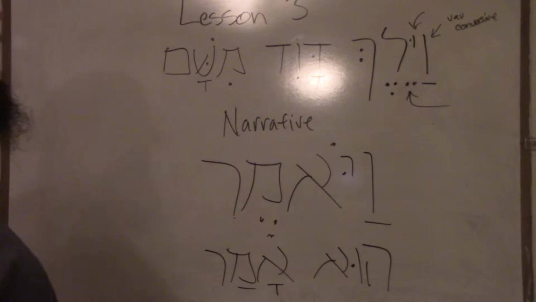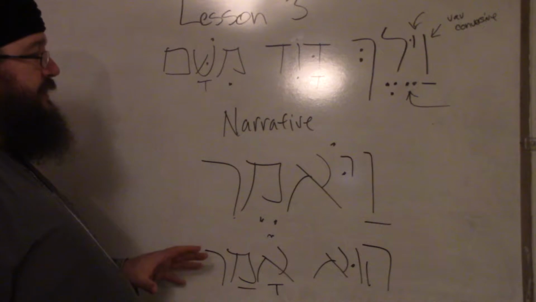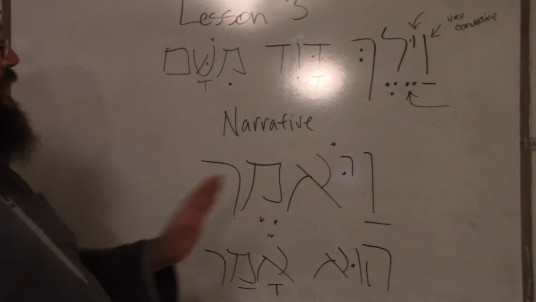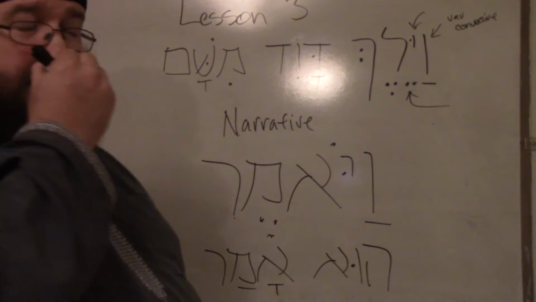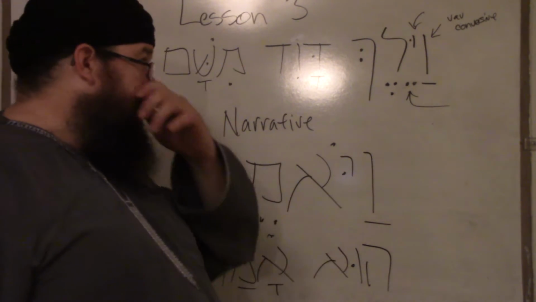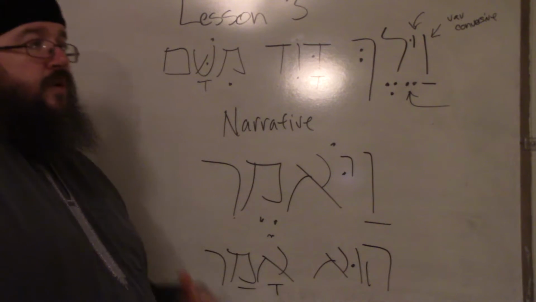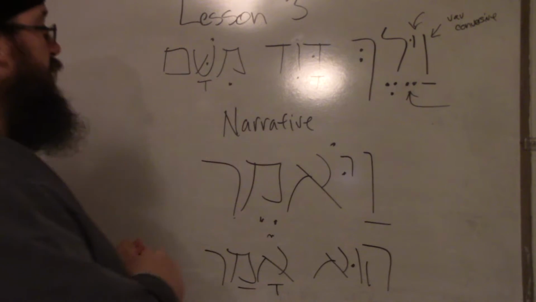So if you wanted to start practicing writing sentences without the vav conversive, all you have to do is find out what the actual pronoun is. If the pronoun is masculine, use the masculine pronoun. If the pronoun is feminine, use the feminine pronoun. Now, this is only utilized when we're dealing with the third person.